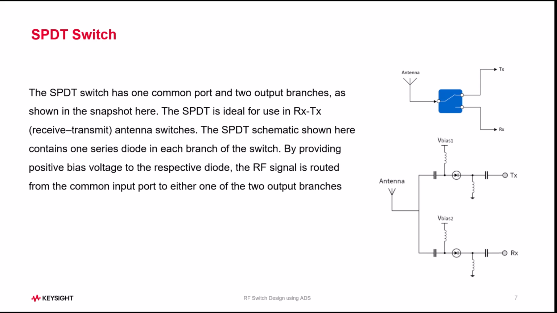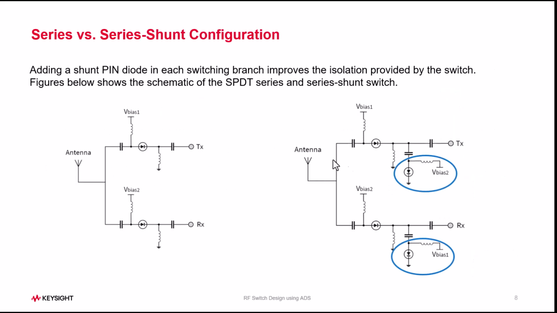It's pretty simple again. Now, when we talk about the SPDT switch, there can be two typical configurations, series and series-shunt. What is shown on the left is the simple series topology, whereby switching one of the diodes into reverse bias, we can create an open circuit.